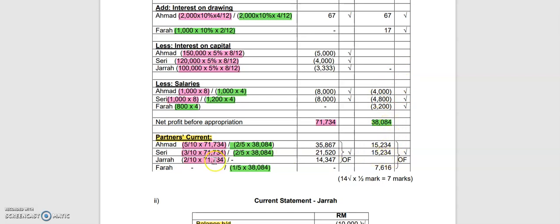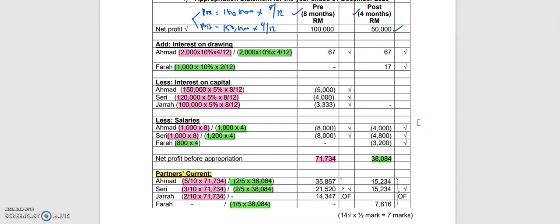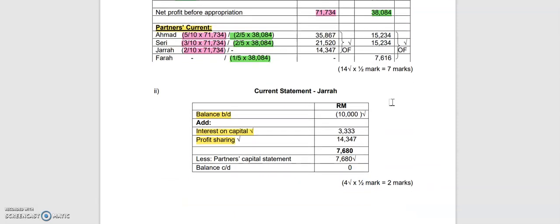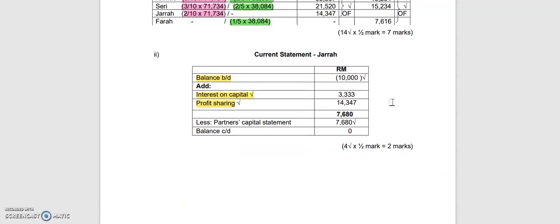But since Jarrah is not affected during post, there is no additional transactions to be recorded in the current statement for Jarrah. Is that clear, class? So let us settle on Jarrah account. So as usual, first thing first, what you need to do, you have to close the current statement of Jarrah.